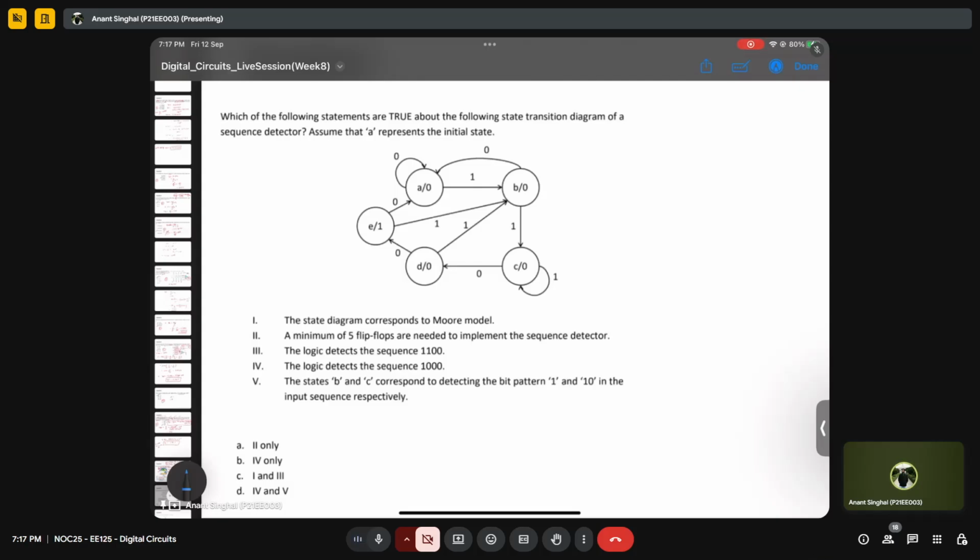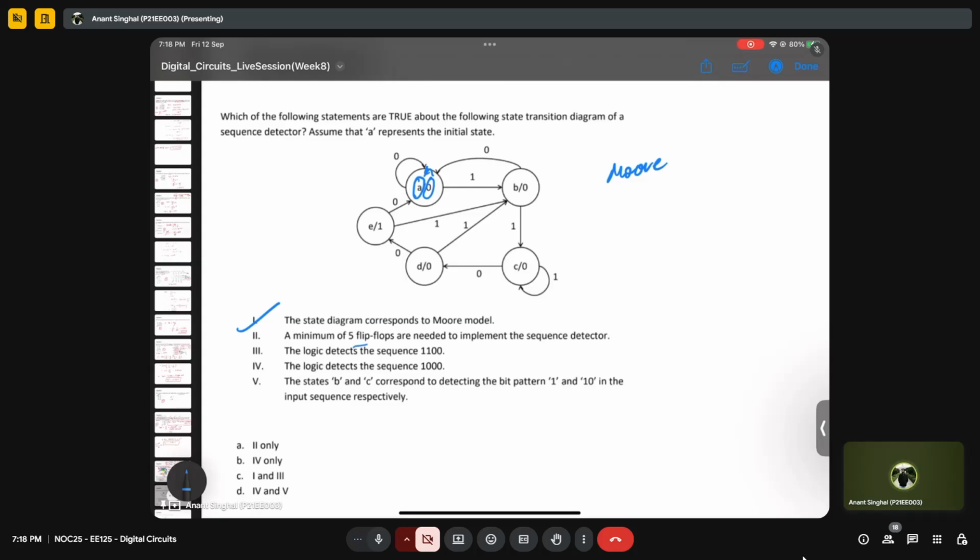Is it not clear? Okay, so we can clearly see that the output is only dependent upon the state. So this is a Moore machine. So this is exactly similar to what we have done before. So the first option is correct, it says it's a Moore machine.